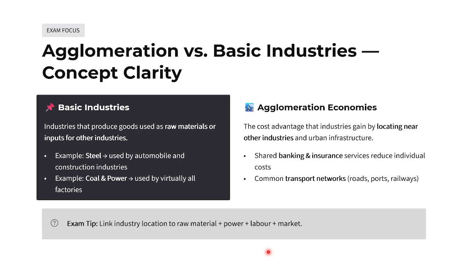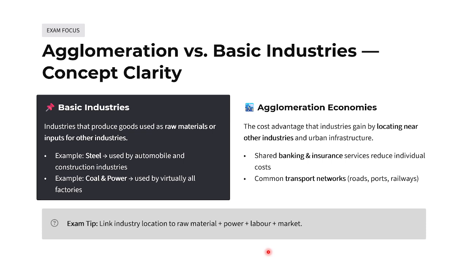Then agglomeration economies: the cost advantage that industries gain by locating near other industries and urban infrastructure. Agglomeration economies include shared banking and insurance, which help all the companies, factories, or individuals, and a common transport network, whether roads, ports, or railways.